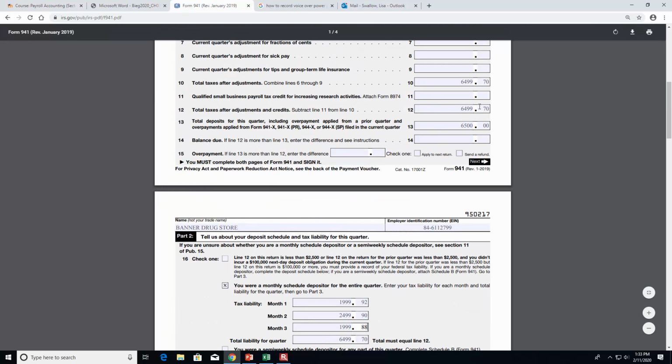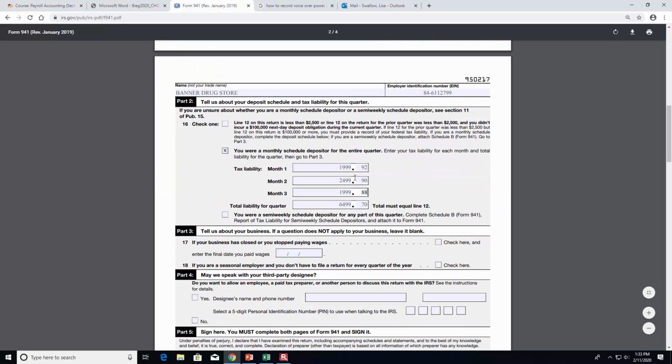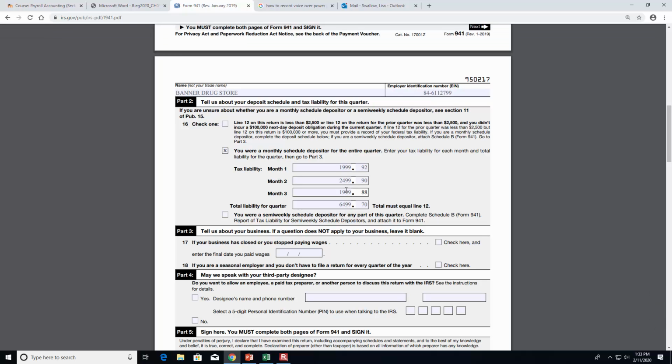So I go up and look at what line 12 is, plug that in and take the 4 cents off the last month to tie it in. I think it's easier to just do it there, but if you like to do it on the front page, that's fine. Do you understand the options?